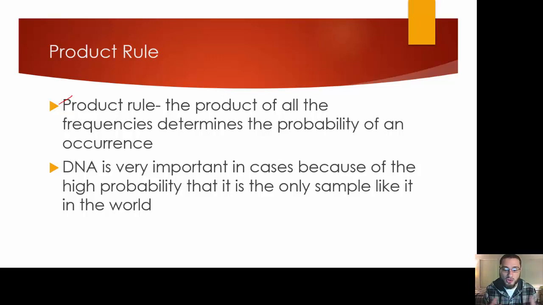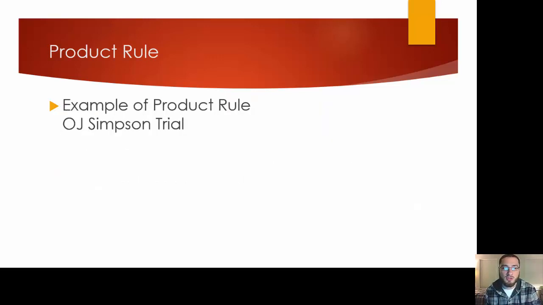So we can use that in court and say, hey, we found this DNA. It's this person's DNA. There's no way that it's ever going to be anyone else but this person. And that's why we like DNA so much.